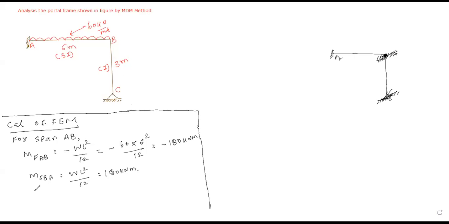Now similarly for span BC. Is there any load in the BC span? Nothing. So can I say that your fixed end moment for span BC should be equal to 0?